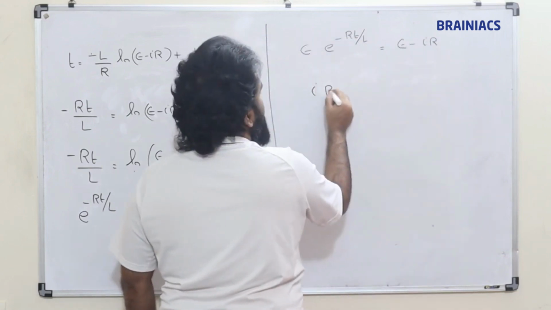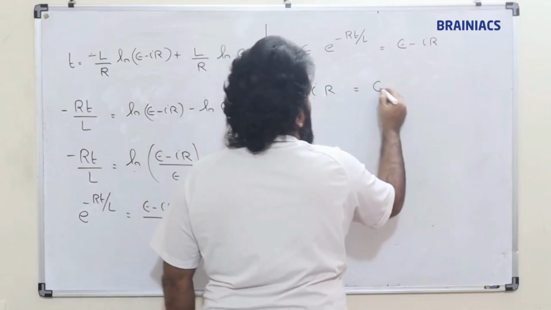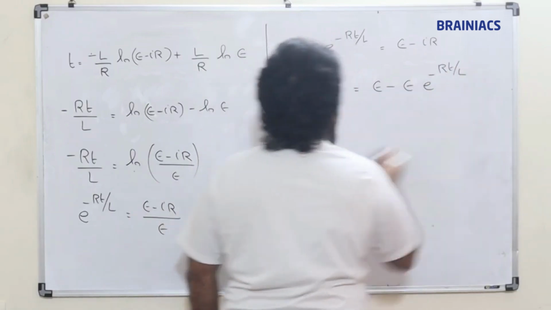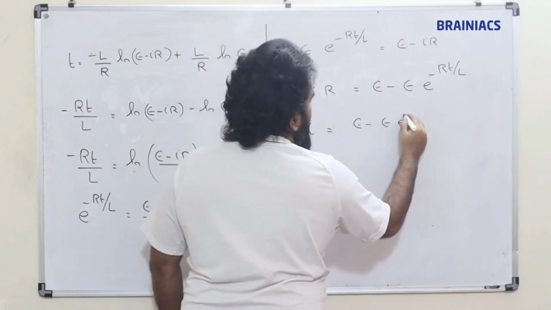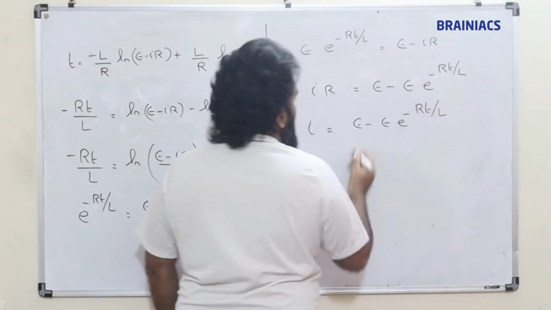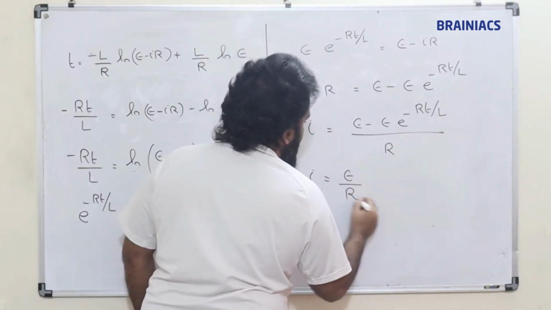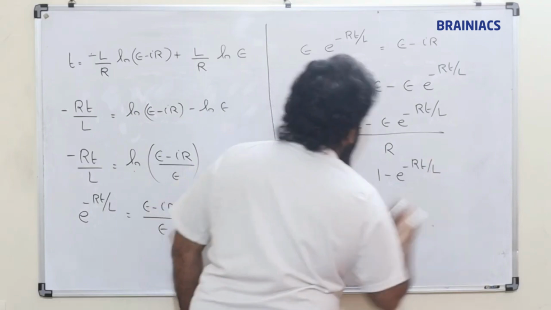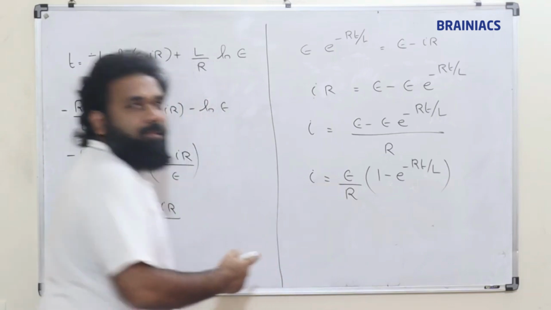So I need to find this value of current. I will bring this part to this side: E minus E into E raised to minus RT by L. So current is equal to E into, that is EMF, into the exponential, divided by R. So current is equal to E by R; if I take it outside, this will become 1 minus E raised to minus RT by L. E by R is the maximum current value.